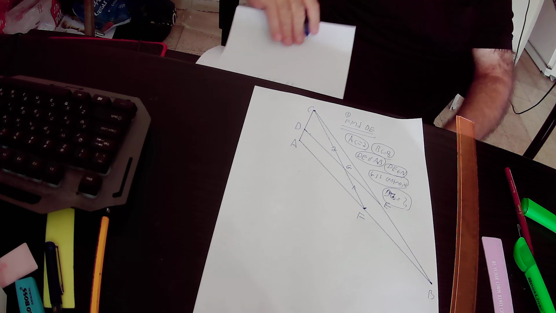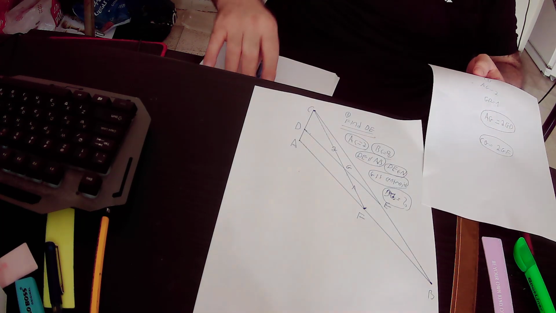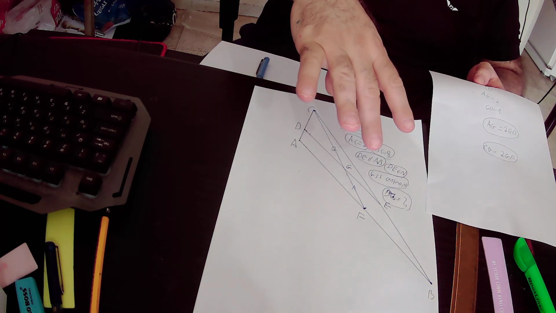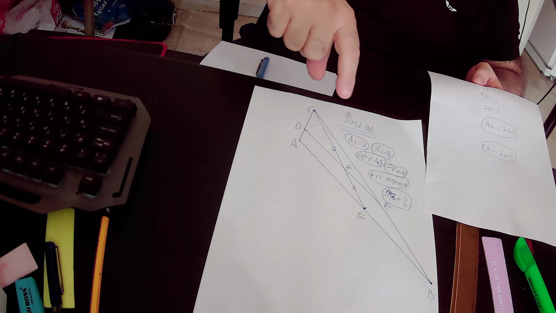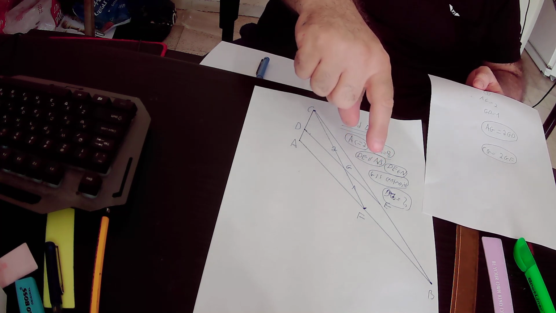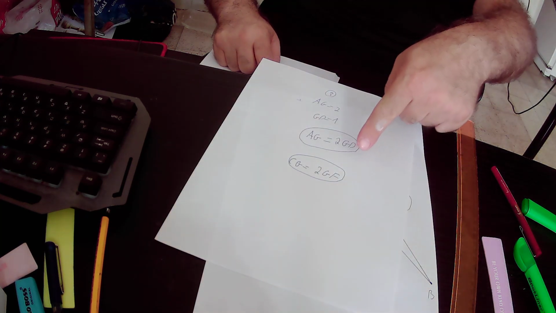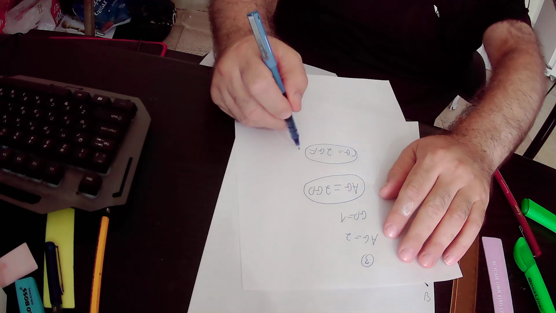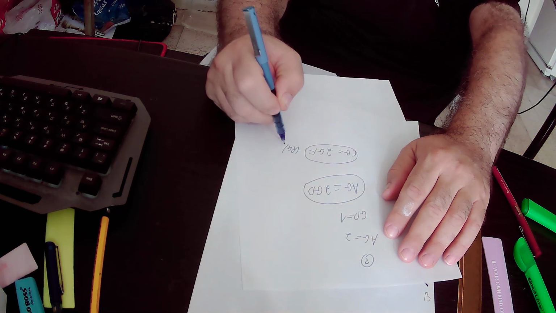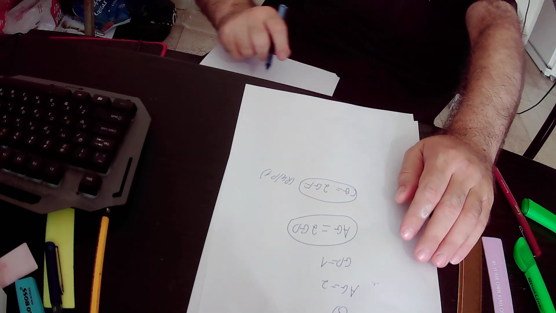According to rule number 1, in our drawing, the centroid G divides the median CF in a ratio that equals 2 to 1. So CG equals 2 times GF.